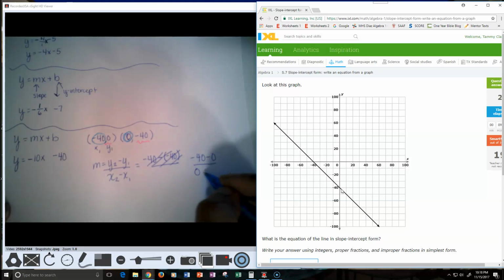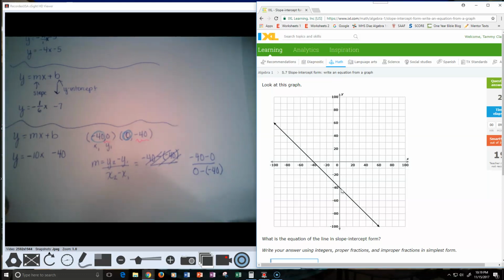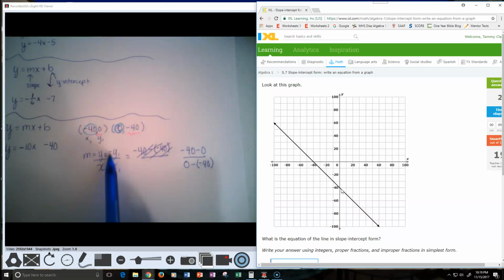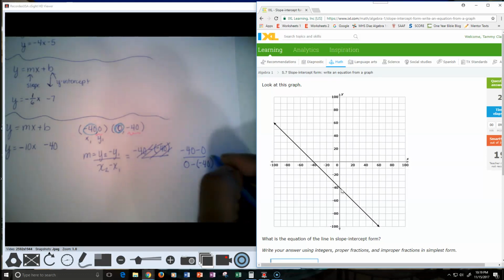Notice I have a minus and negative here. In the formula itself, these subtraction signs do not replace the negative that is in front of a number. You have to use both.